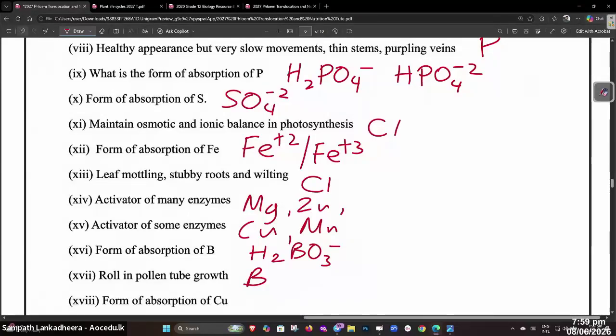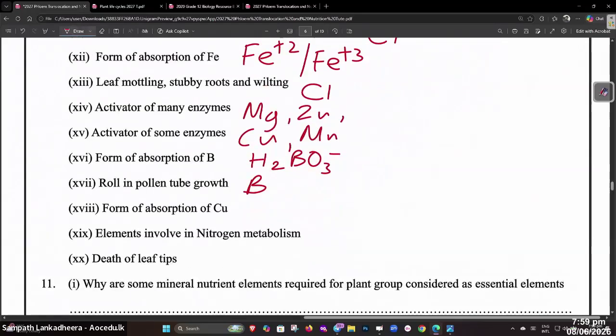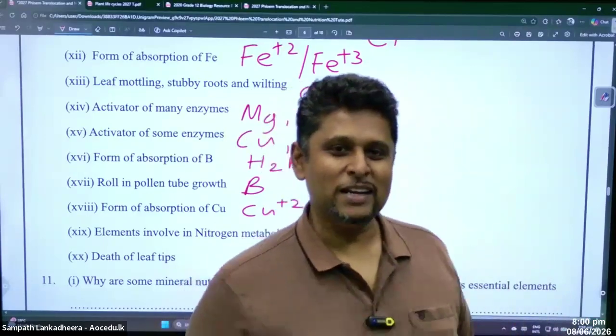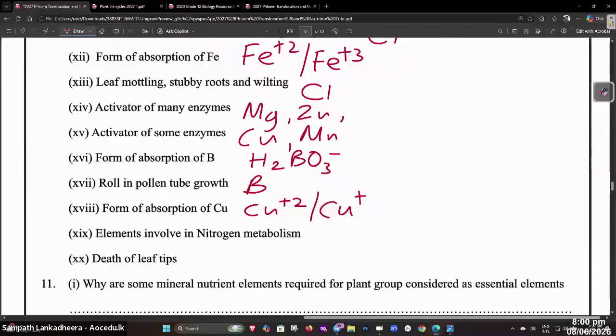And form of absorption of copper, people. Cu plus 2 and Cu plus. And then element involved in nitrogen metabolism, people. We have two. One is molybdenum. The other one is nickel. Molybdenum and nickel.